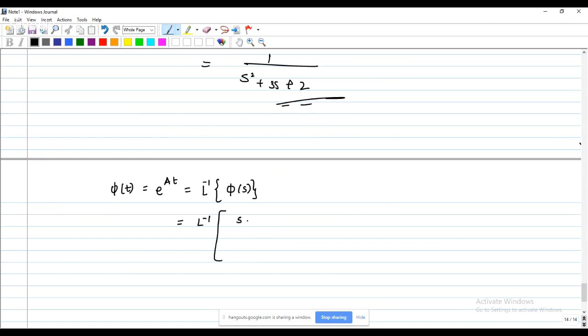Phi of s that we got is s plus 3 divided by s square plus 3s plus 2, 1 upon s square plus 3s plus 2, here we have minus 2 upon s square plus 3s plus 2, and here s upon s square plus 3s plus 2.